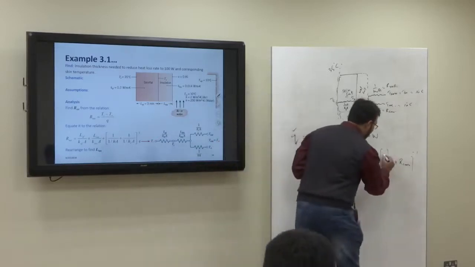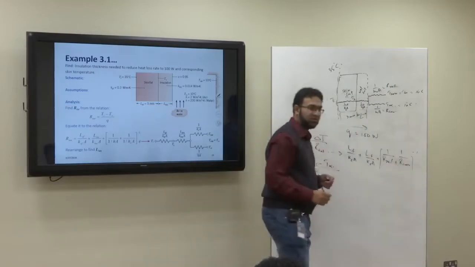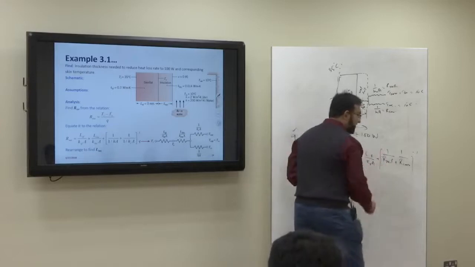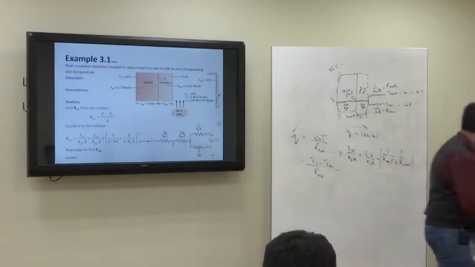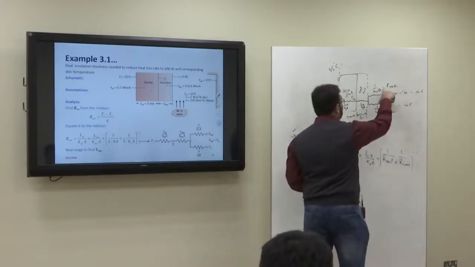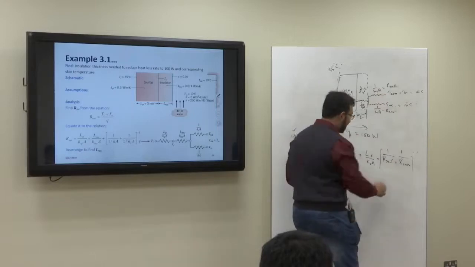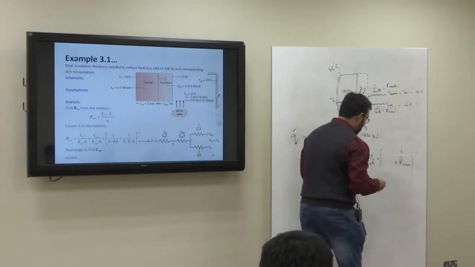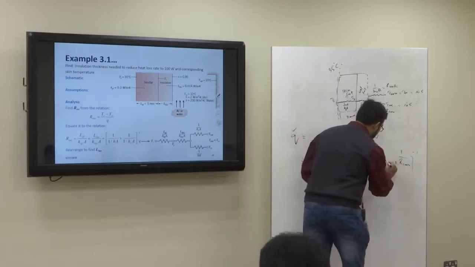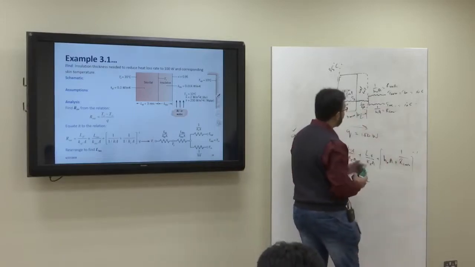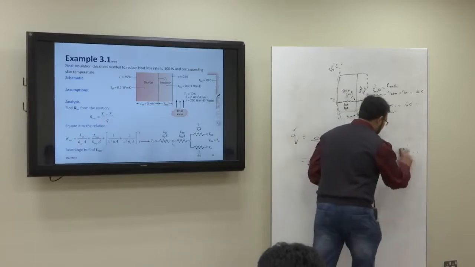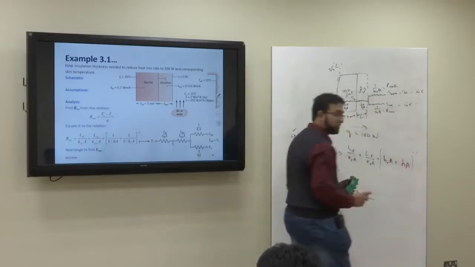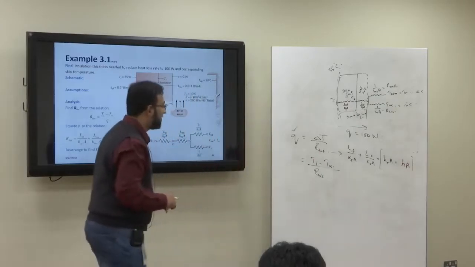I think 1 over R plus 1 over R, since they are parallel. So 1 upon R radiative will be hRA, and this will be hA.